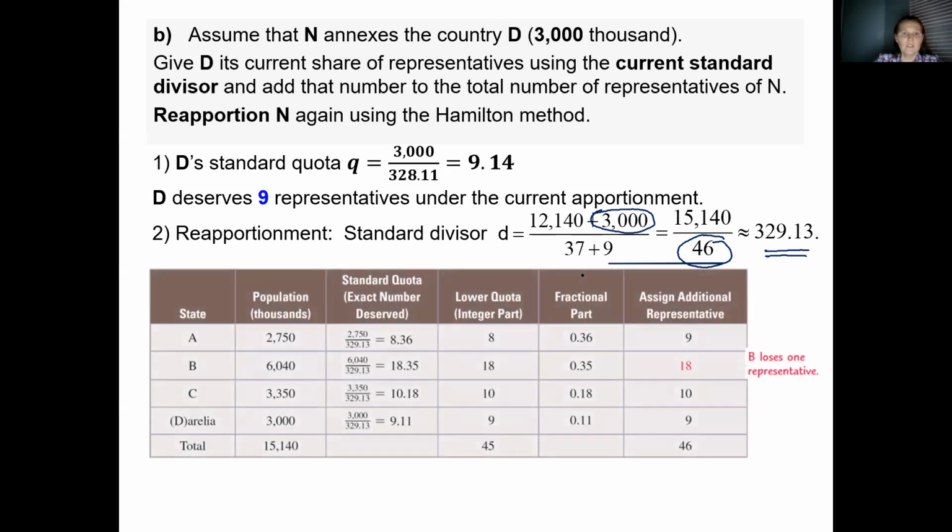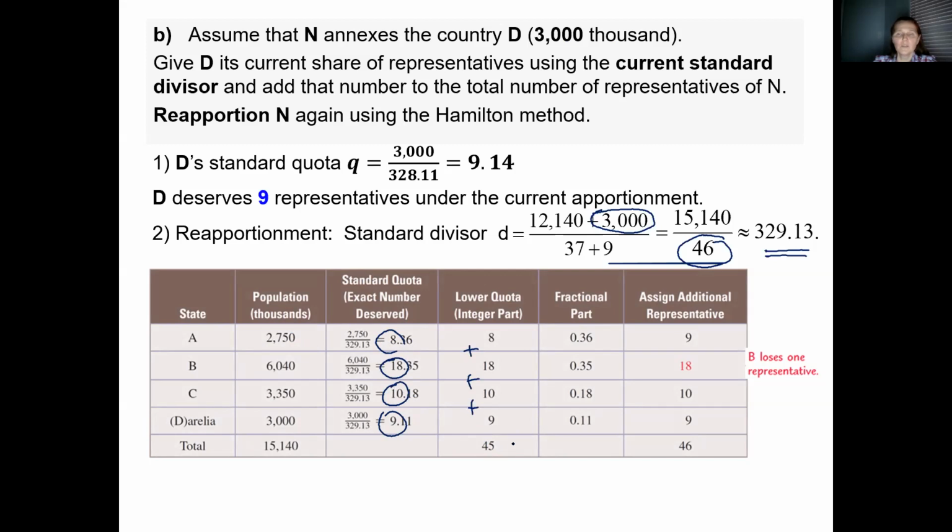We reapportion using this standard divisor and using 4 states. So the standard quotas are 8.36, 18.35, 10.18, and 9.11. We first assign the whole part, or the lower quota. We count them together and get 45 seats.